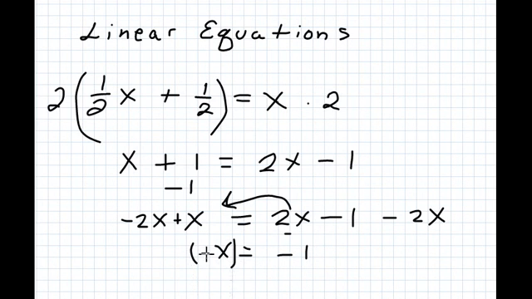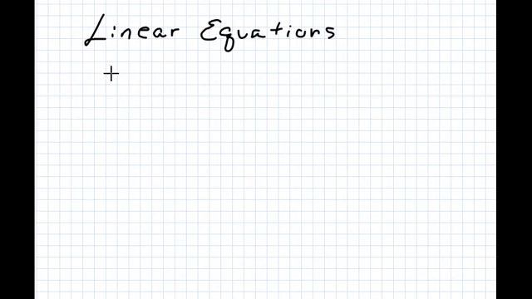Now what I want to do here is to get rid of this negative sign, so I'm going to multiply both sides by negative 1. And as you can see here, I end up with x is equal to 1. So that's going to be our solution. x is 1.